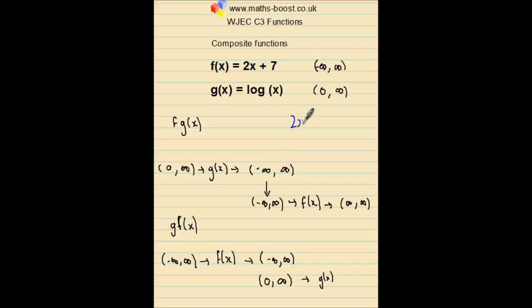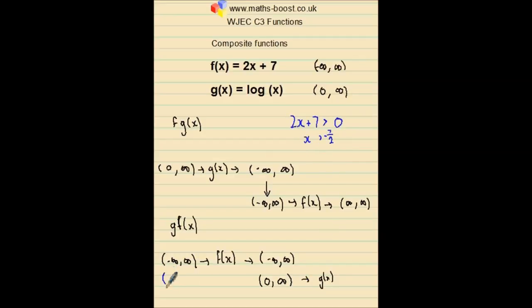So we need it to be greater than 0. And if I solve this, I'll get x is greater than minus 7 over 2. So that's the domain that I need for my composite function.